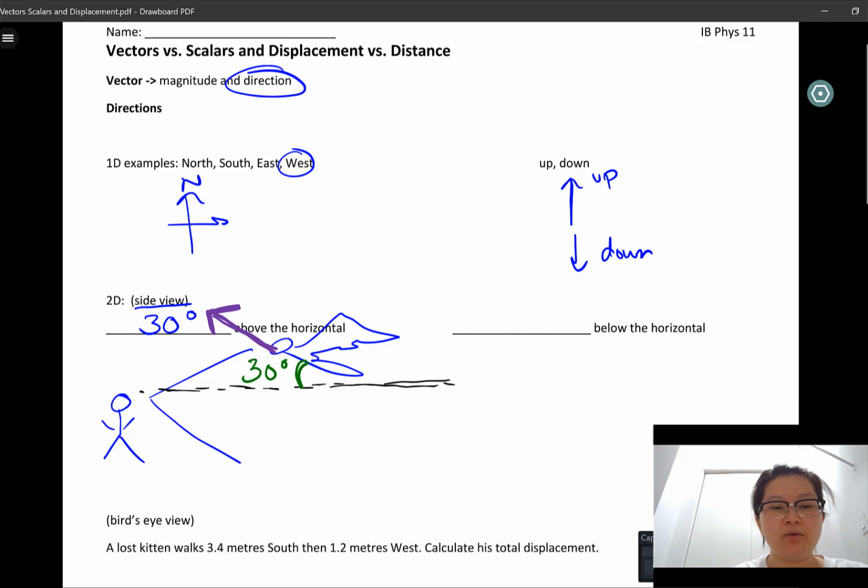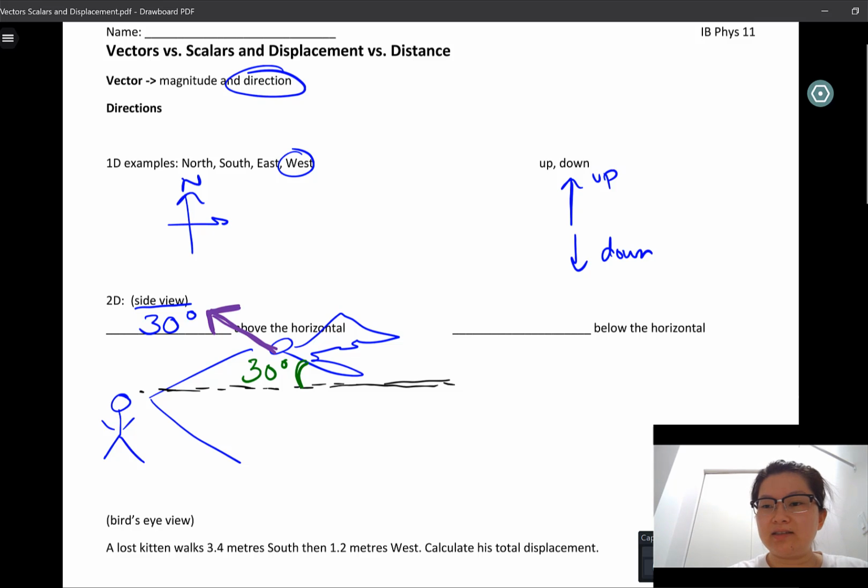So that's what we say when we talk about something that's flying in some direction up and down, and some direction side to side. Then we use this kind of language.